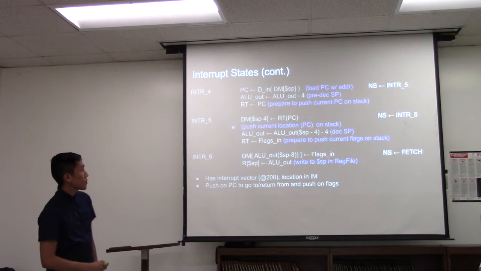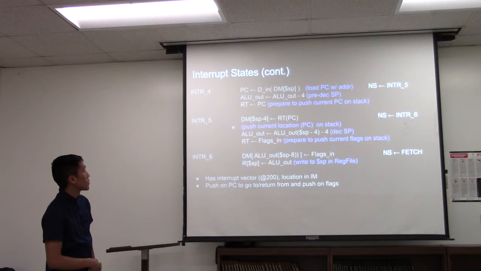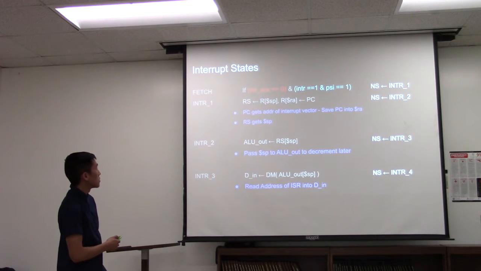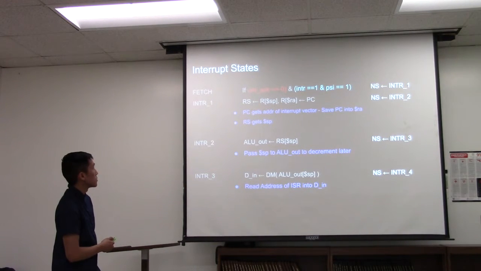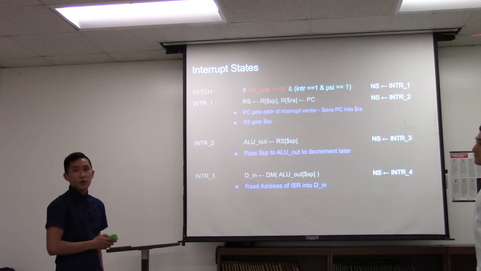So Spencer, on step 4, it says PC goes into RT. Is that the PC that you put into register 31? Yeah, because back in step 3, or 2, you say that the PC goes into RA. So this was our current PC that we want to save to go back to. Right.